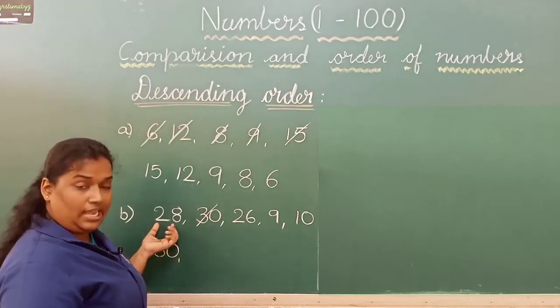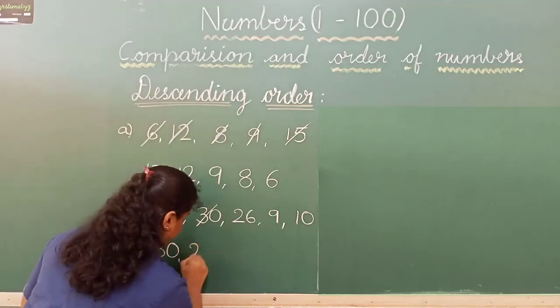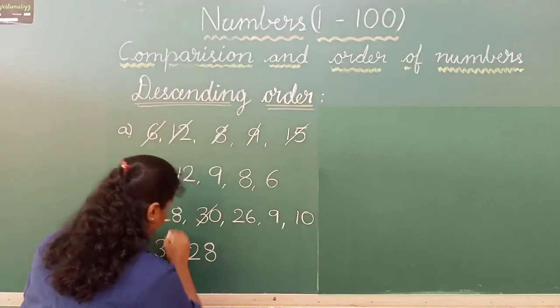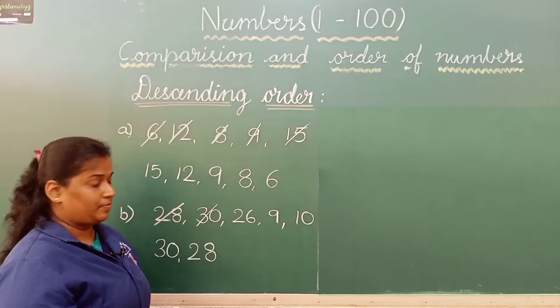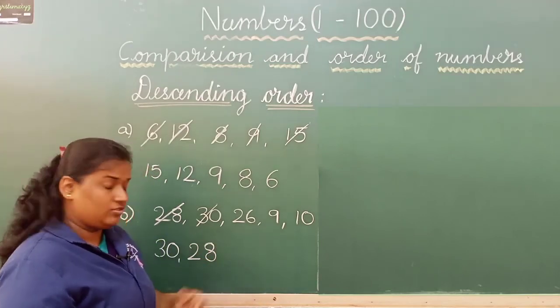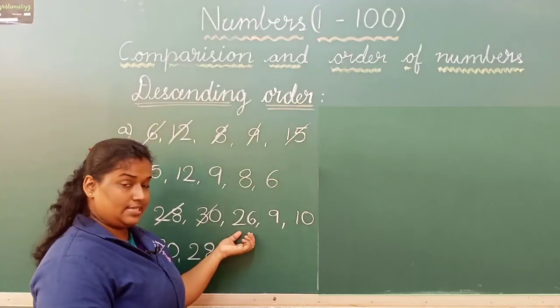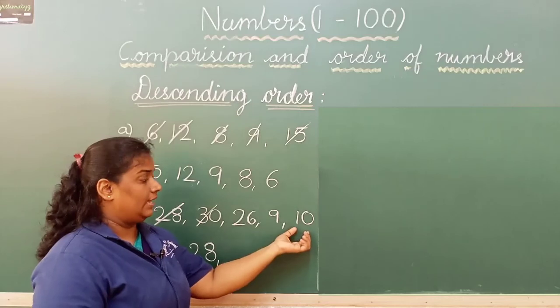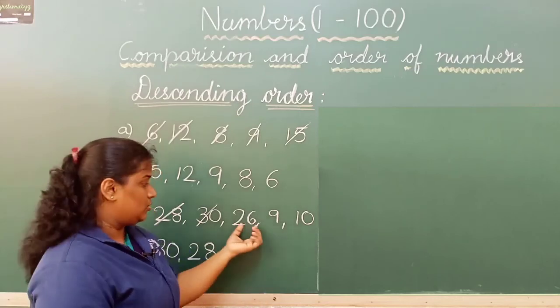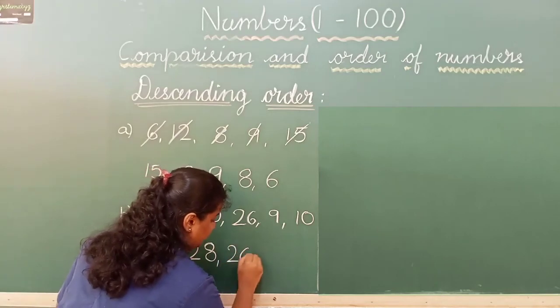Yes, 28 is greater than 26. Now, in the remaining numbers, which is the next greater number? Yes, 26 is greater than 9 and 10. So we have to write 26 in this order.